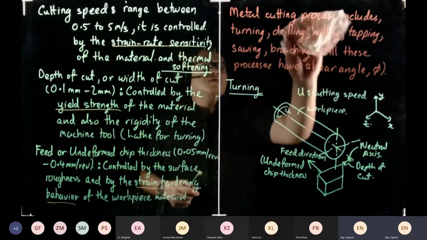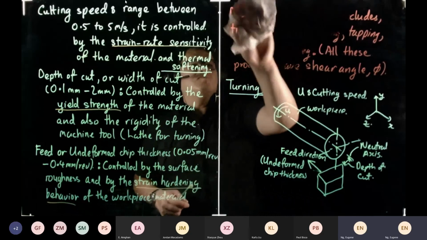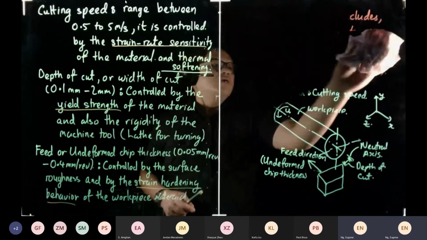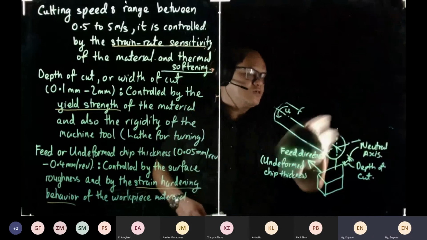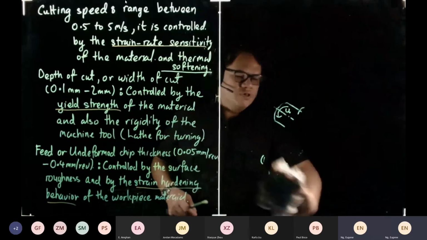So when do we use turning? Most of the time we use turning to generate round features, cylindrical features.